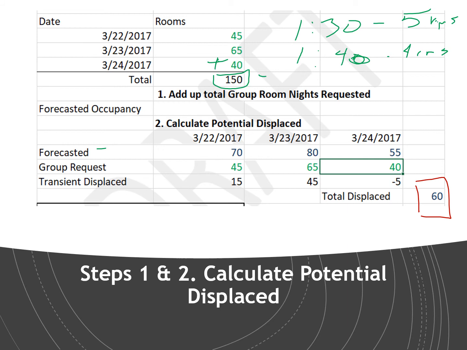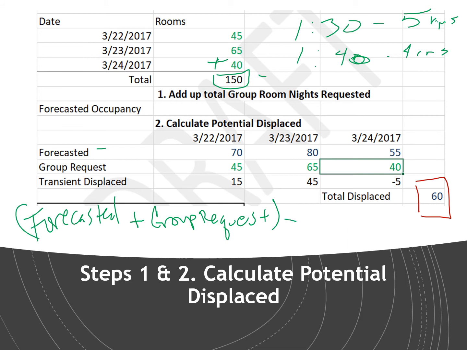And then to figure this out, we need to do our forecasted plus our group request, and then take that number and subtract it from the rooms in the hotel.